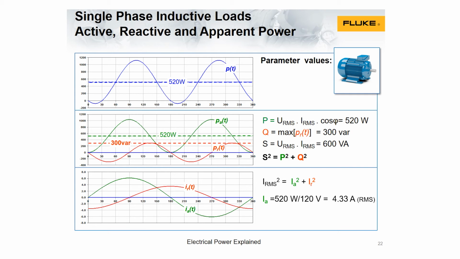The RMS value of green, active current IA is simply 520 watt divided by 120 volt. This equals 4.33 amp. The RMS value of the red reactive current is similarly 300 VA reactive divided by 120 volt equals 2.5 amp, 90 degrees out of phase.